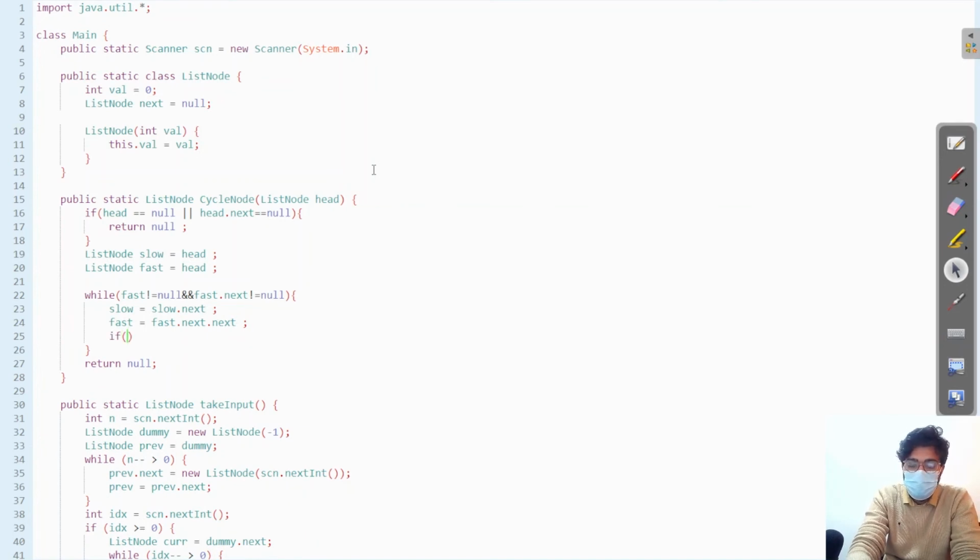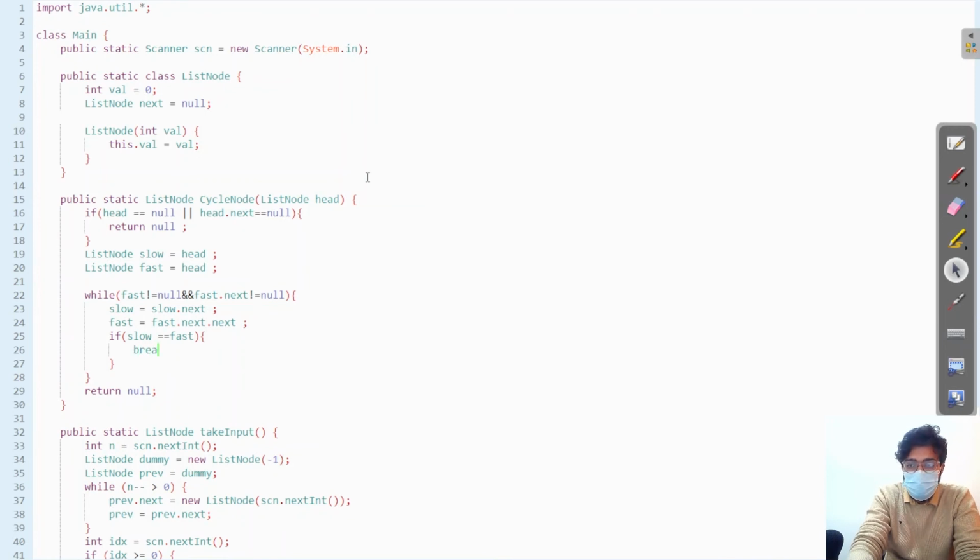Tell me why. First of all, we need to find if there is any cycle or not. So for that we are writing this code, right? If a cycle exists, our slow and fast will meet someday. So if slow is equal to fast, if they meet, we want to break this loop.